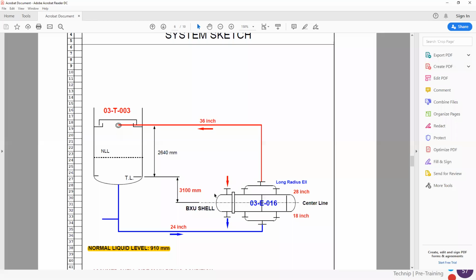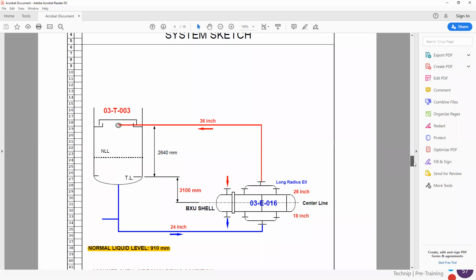And with this configuration, since we are working in a thermosiphon way, which means that we need to have a liquid static head that allows our fluid to flow from the column to the reboiler and back again to the column.